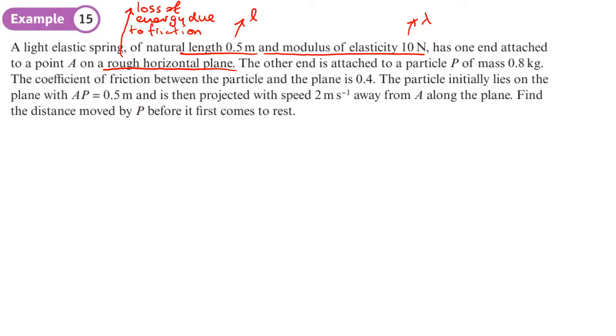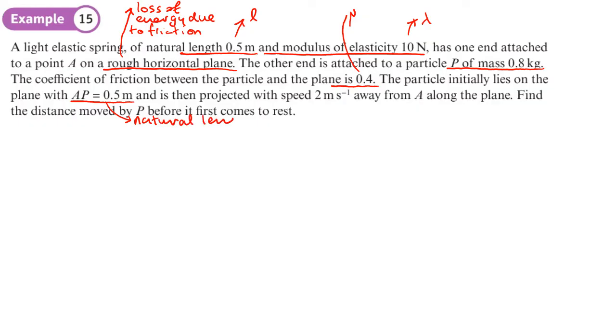The other end is attached to particle P of mass 0.8. The coefficient of friction between the particle and the plane is 0.4, so there's my value of mu. The particle initially lies on the plane with AP equals 0.5. Okay, so initially it means that the spring is neither in compression or extension, it's at its natural length, because its natural length is 0.5.